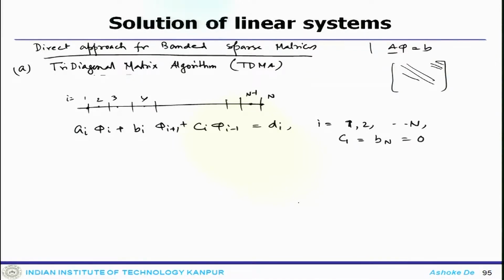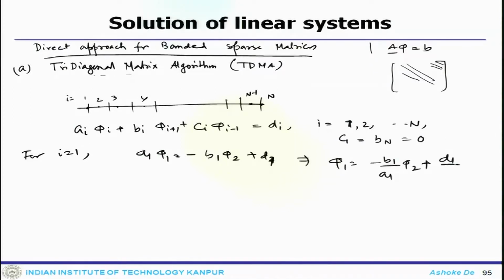So, what one can do for i equals 1, you can directly solve this equation: a_1 phi_1 equals minus b_1 phi_2 plus d_1, which you can see phi_1 can be solved as minus b_1 by a_1 times phi_2 plus d_1 by a_1.